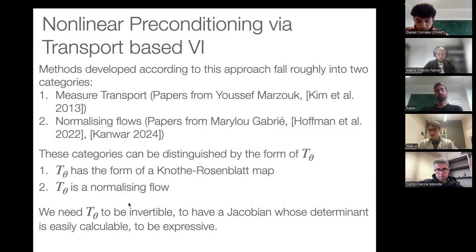But equally, we want T of theta to be sufficiently expressive so that the variational inference program actually has a chance of working well. And these final two things that we want of our diffeomorphism fight against each other. The more expressive our diffeomorphism is, the less easy it will be to calculate the determinant of the Jacobian.